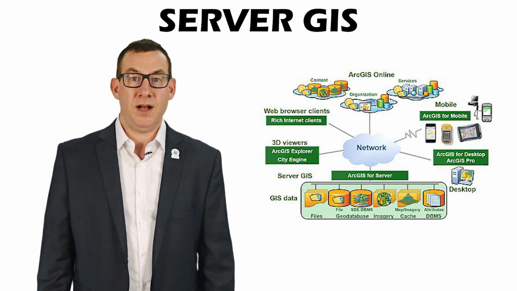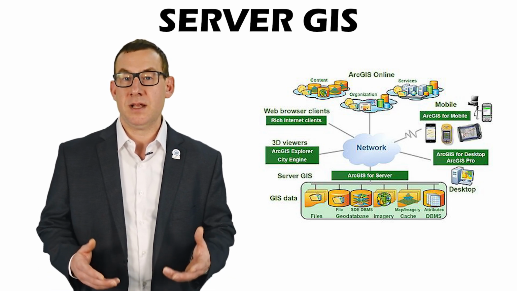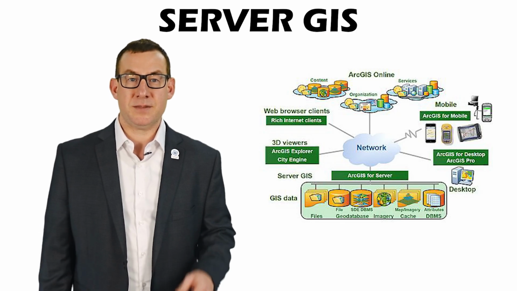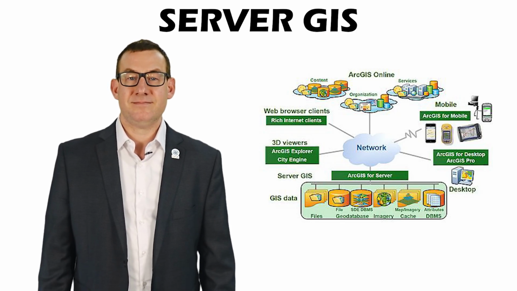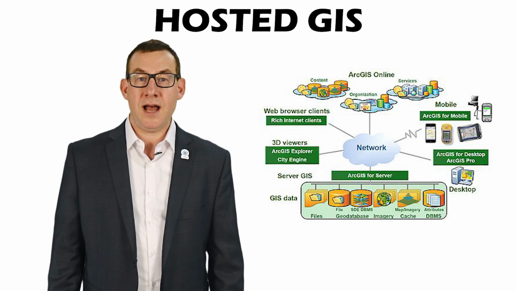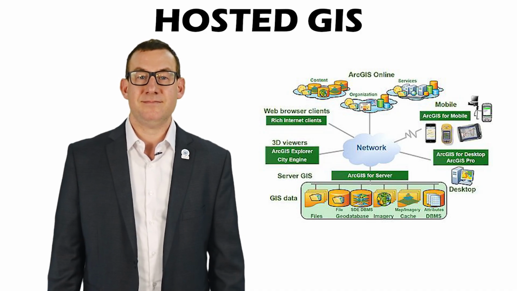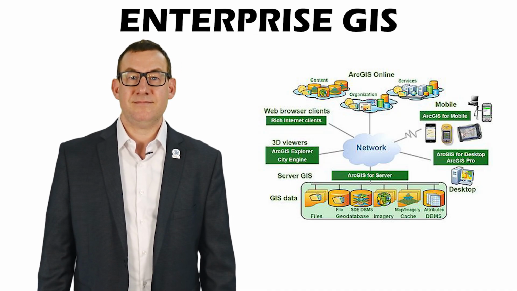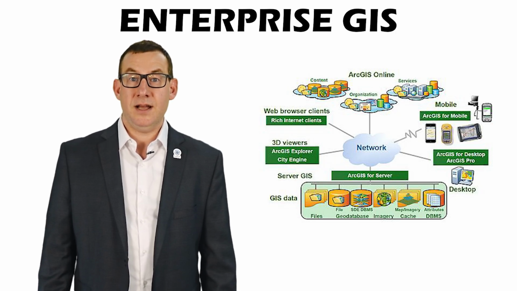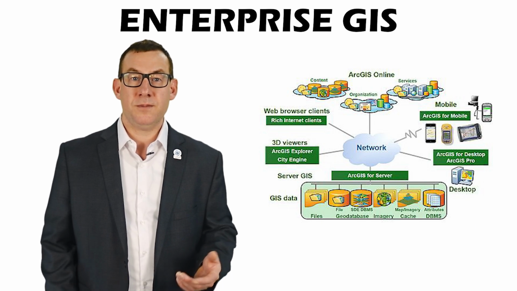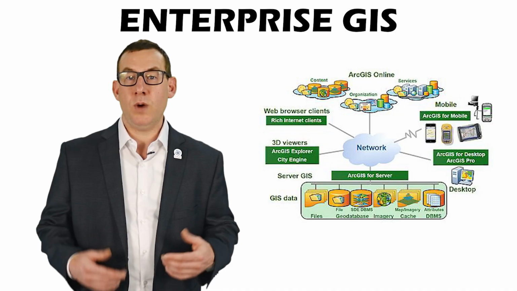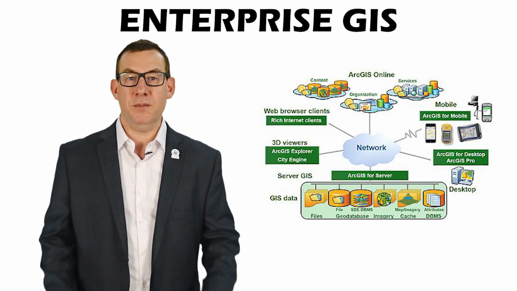Server GIS provides organization-wide web services, shared datasets, and centralized processing. Hosted or Cloud GIS. Hosted GIS allows users to create and share content through platforms like ArcGIS Online. Enterprise GIS. Enterprise GIS integrates desktop, server, cloud, mobile, and web systems into one cohesive environment.